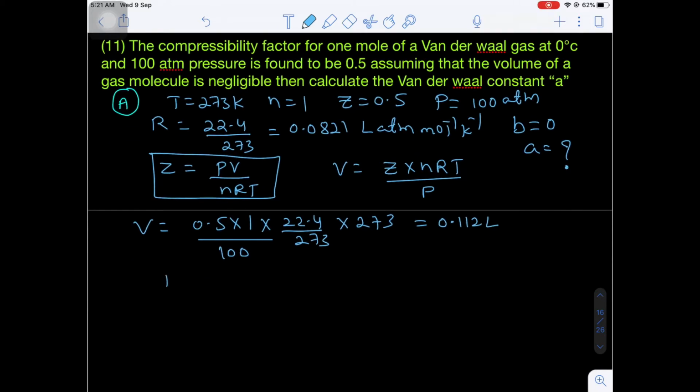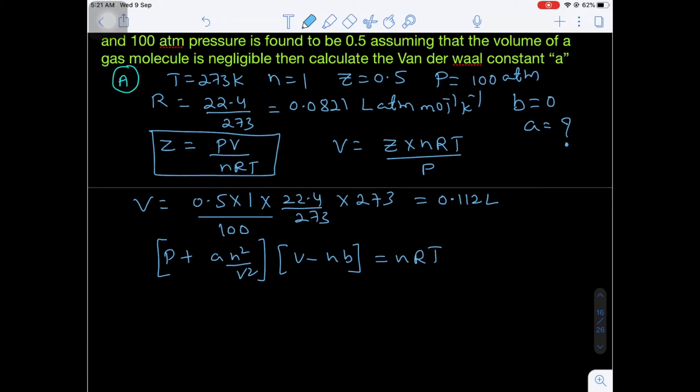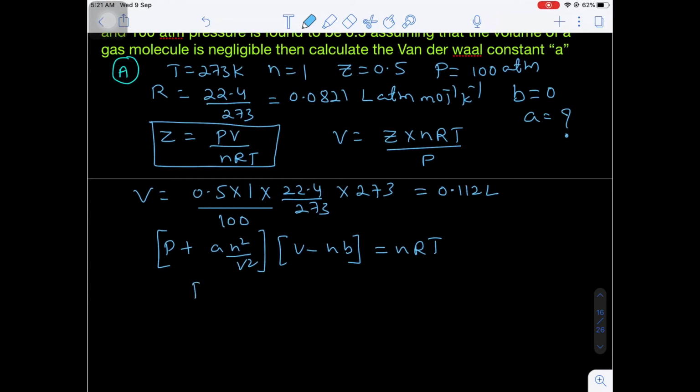Now come to the van der Waals equation: P plus a into n square by V square, into V minus nb, equal to nRT. Now put the n value 1, so you will get P plus a by V square into V minus b equal to RT, since the number of moles of real gas is 1.